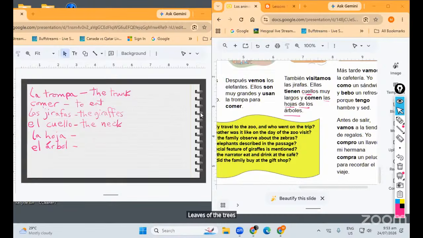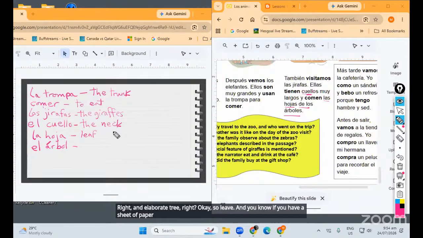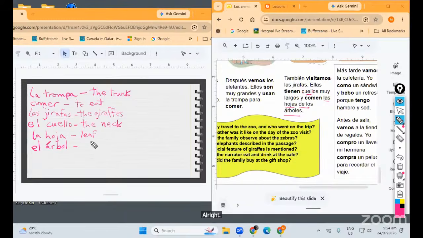So hoja is leaf. Right, and el árbol is tree. Right, okay, so leaf, and if you have a sheet of paper, that is also la hoja. Because other than calling it a sheet of paper, you might call it a leaf, loose leaf paper. A leaf is a page, right? All right, the tree.